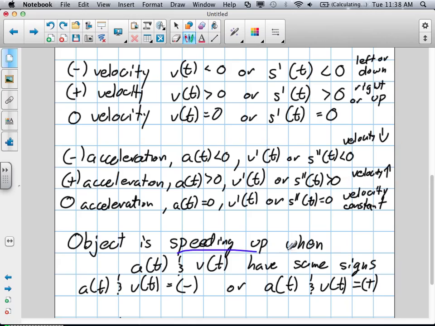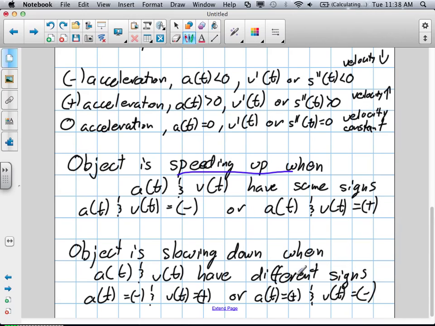Speeding up and slowing down technically don't have to do with positive or negative acceleration and velocity alone. They're about when they're together. So I want you to think of this idea. An object is speeding up when acceleration and velocity have the same sign. So what that means, if velocity is positive, we know it's either going up or going to the right.